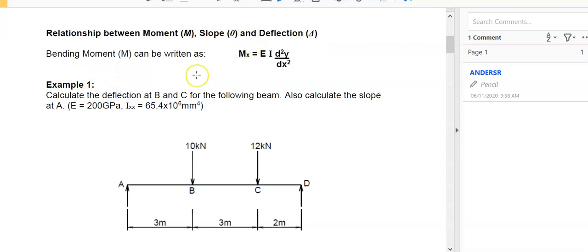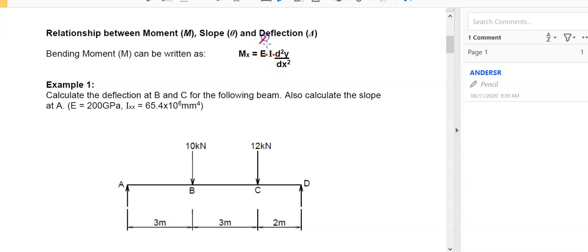Right, bending moment M can be written as that there. So the moment at x is equal to E times I times d2y by dx squared, where E is Young's modulus of elasticity, which is a known factor. I is the second moment of area of that beam, and if you're using steel beams and we go to the steel tables, we'll be able to pick out its Ixx value.